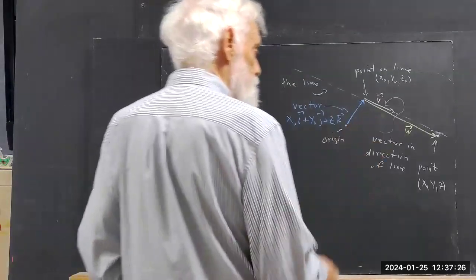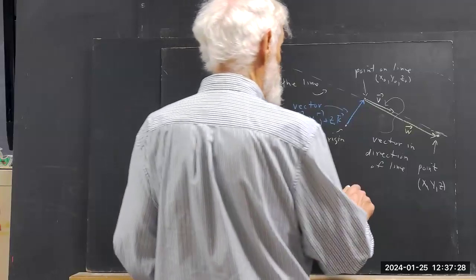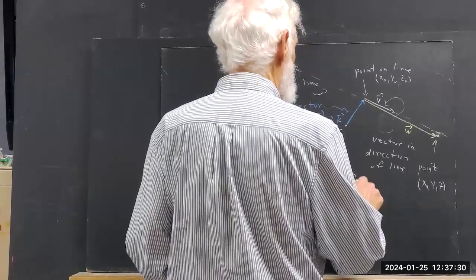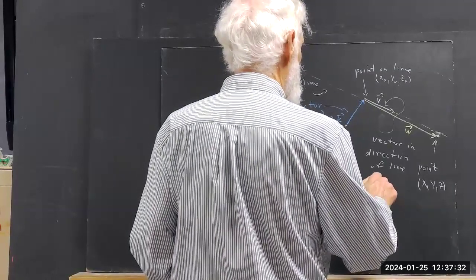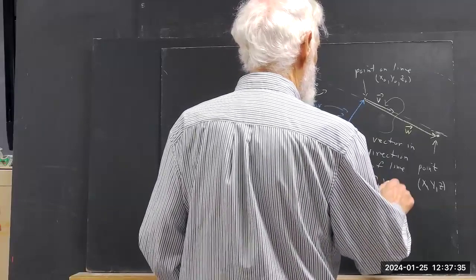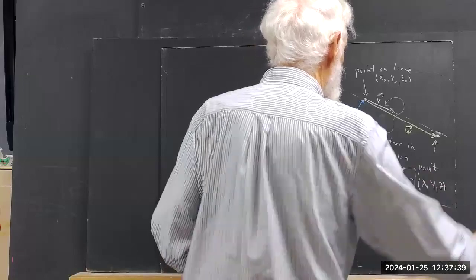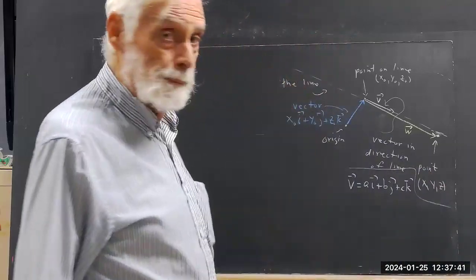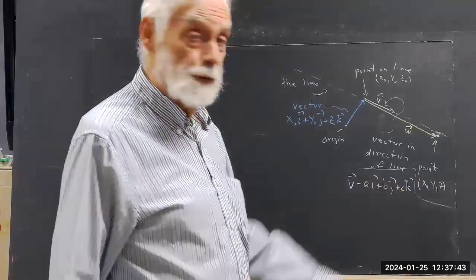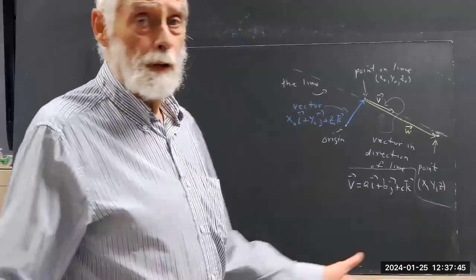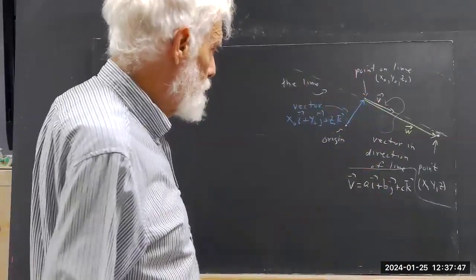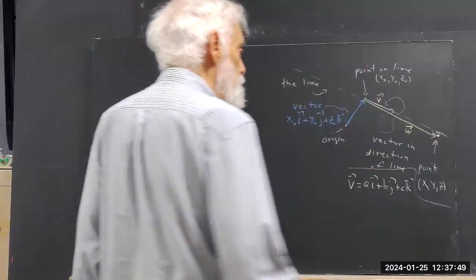So B has three components. Okay. So we call those components A, B, and C. Now we've already seen that much, but not in quite as detailed a picture.